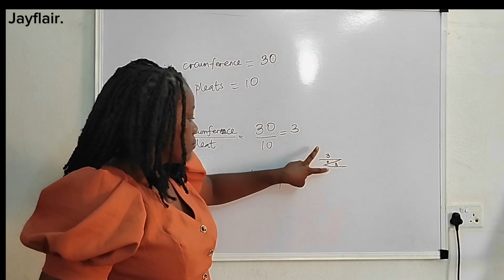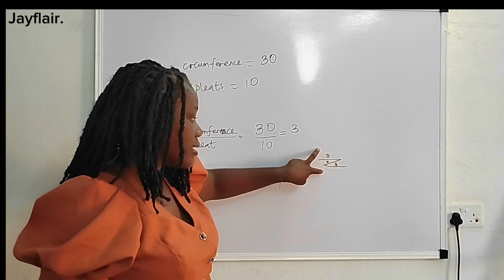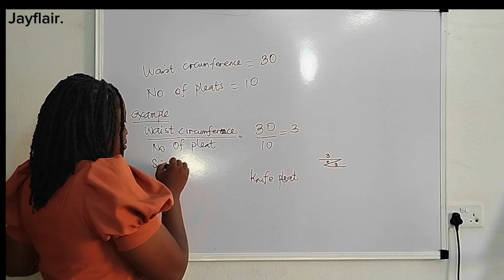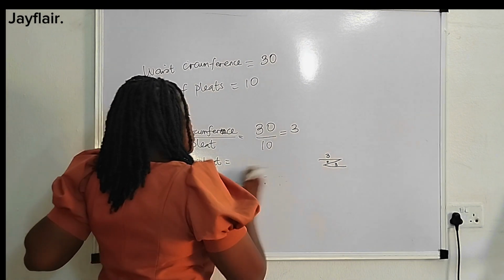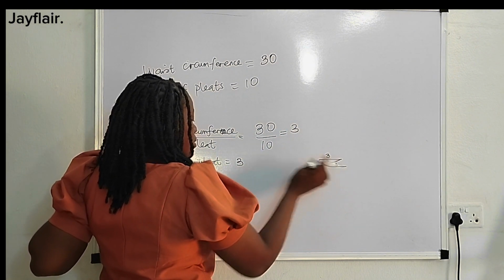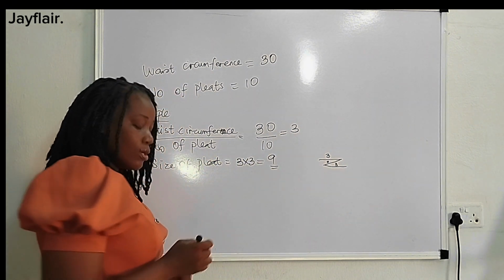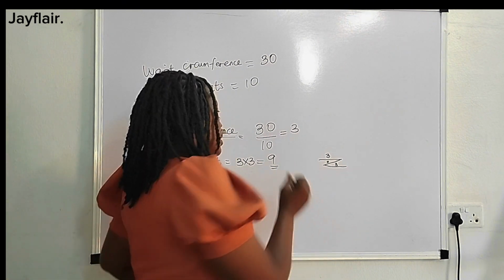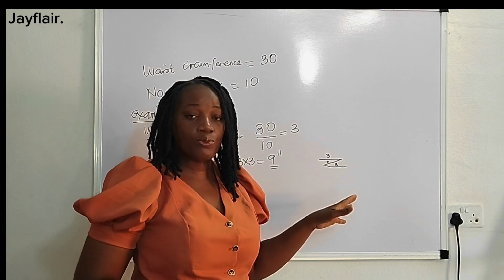So the total size for this pleat is 3 times 1, 2, 3, which is equal to 9. So each of my pleats is going to be 9 inches.